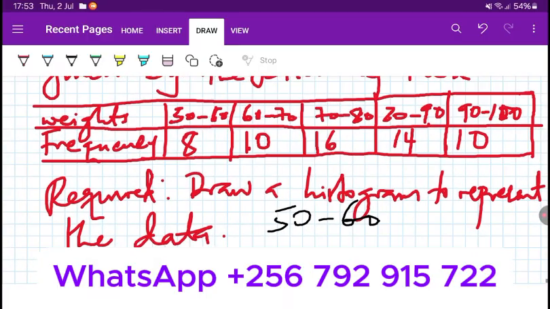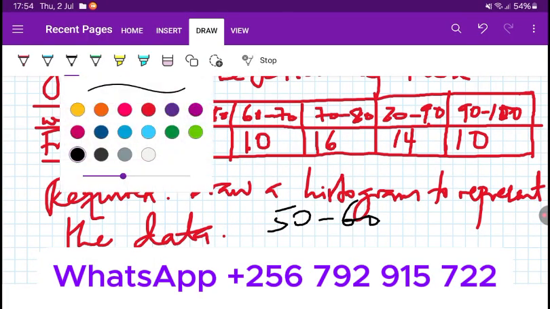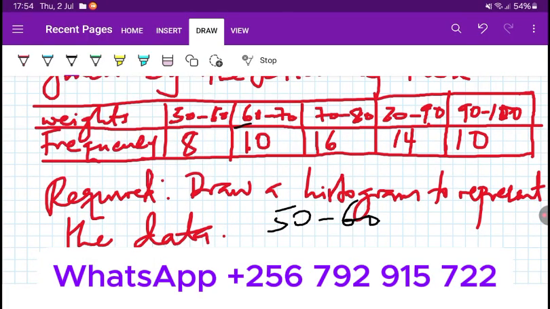If you look at this information, I only picked out this 50, this 60, this 70, then this 80, and then this 90 from each of the classes.